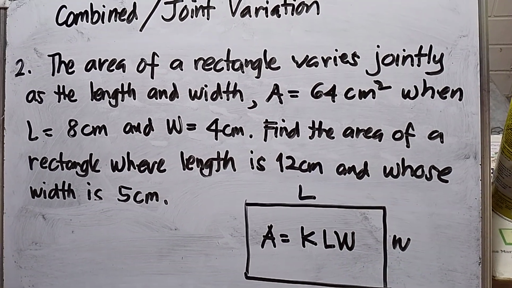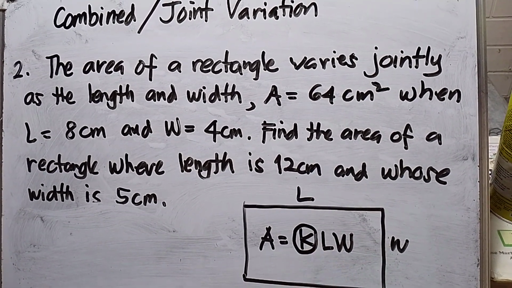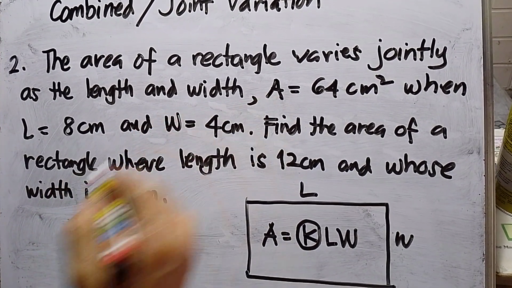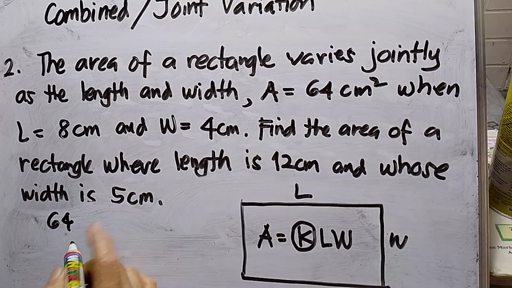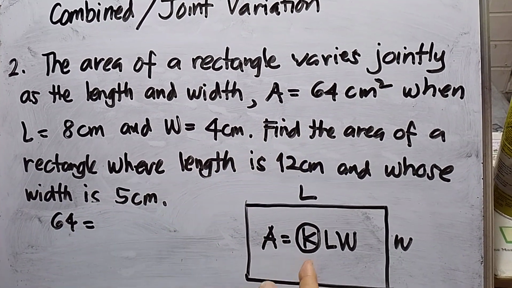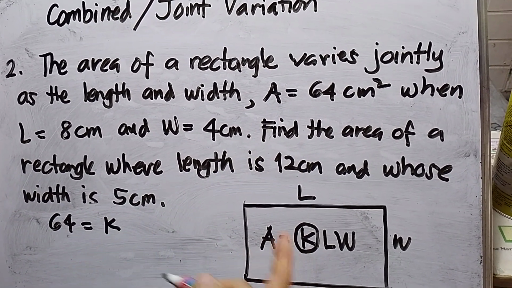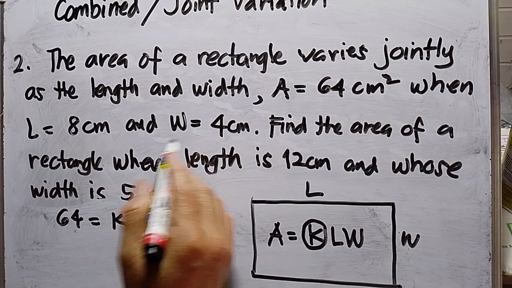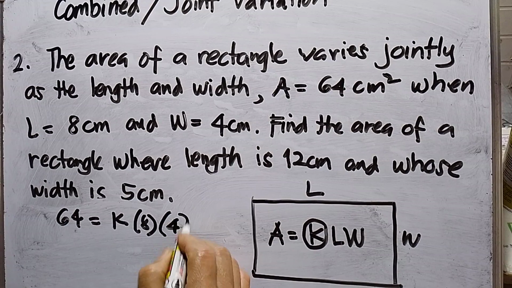First thing to do is to solve the constant of variation. The area is given as 64 centimeters squared, equal to K, and then my length is 8 centimeters, and my width is 4 centimeters.